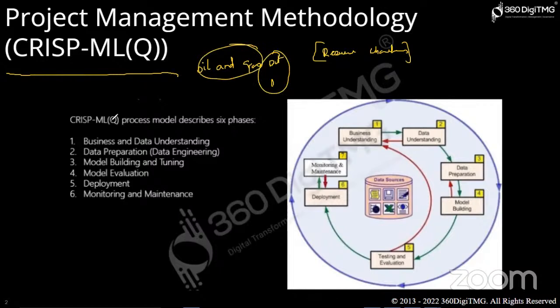First, we have to understand the business and the data, which is very important. Data preparation is the second phase. After data preparation, we get into model building and tuning, then model evaluation, deployment, and monitoring and maintenance. These are six different phases that are very important.